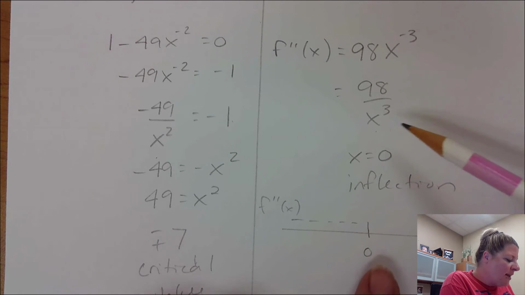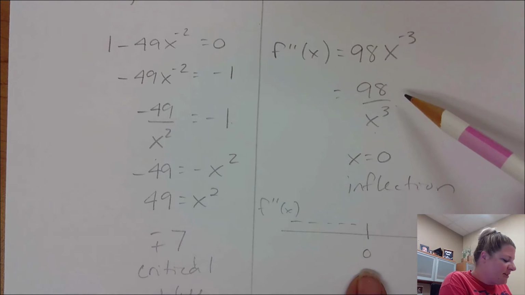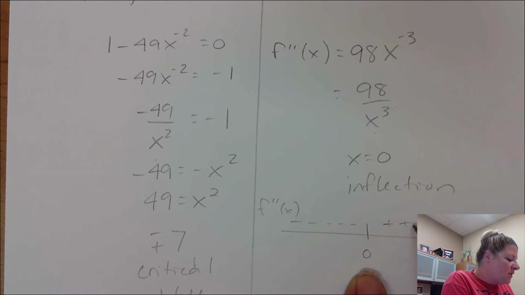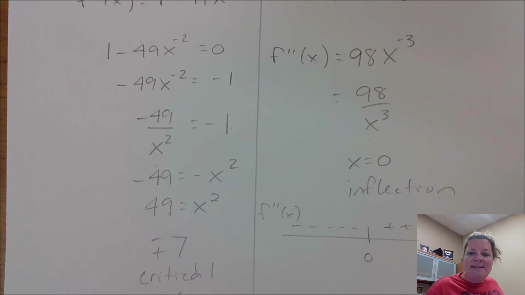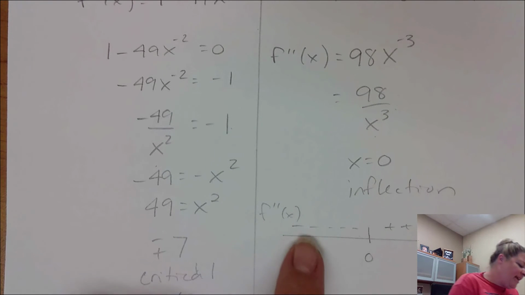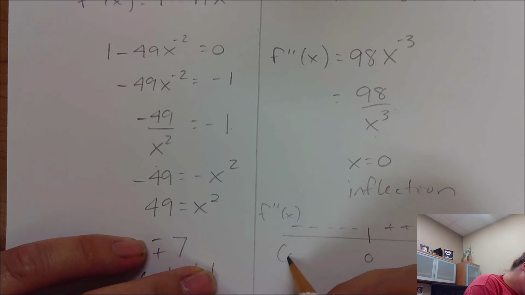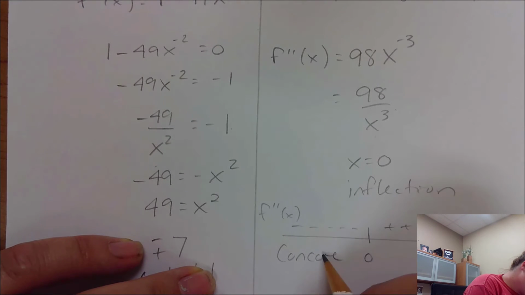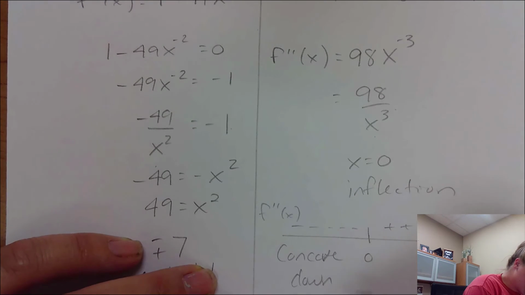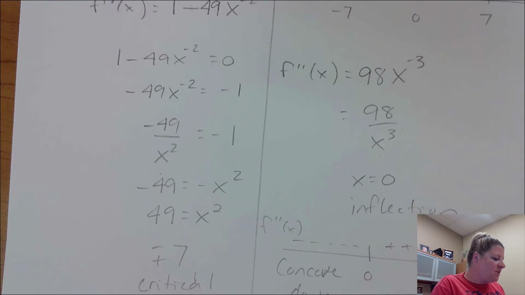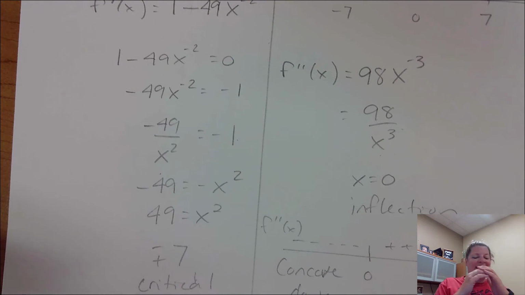Over here, 1 to the third is 1, so it's going to be positive. So that tells me that on one side we are concave down, and on the other we're concave up. We're concave down where that -7 is.